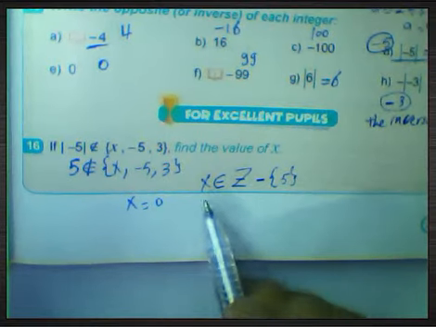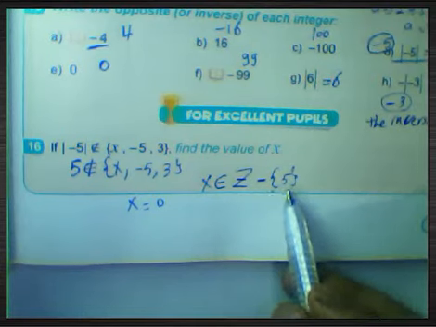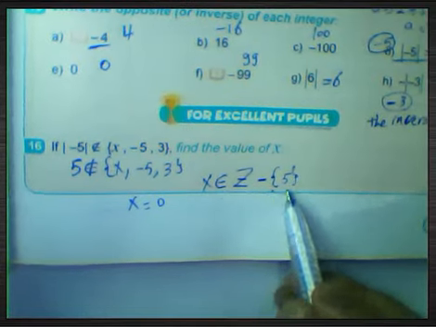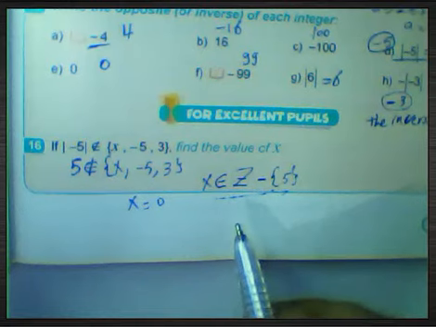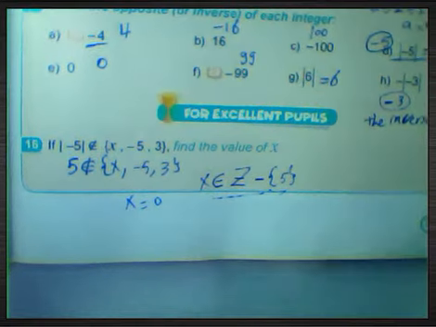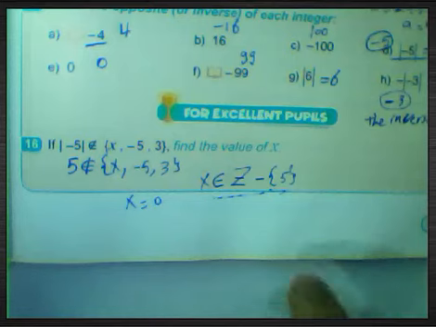So we can write x belonging to Z subtract the set of 5, because we can cancel this digit from the Z numbers. It's okay. So you must pay attention to this example, because you want to find the value of x. X is an element belonging to integer numbers without the set of 5.